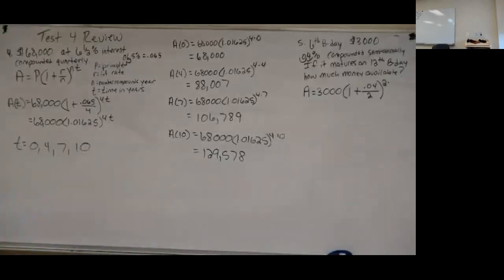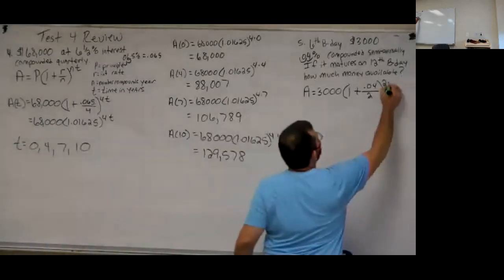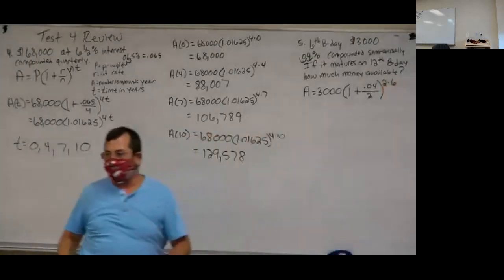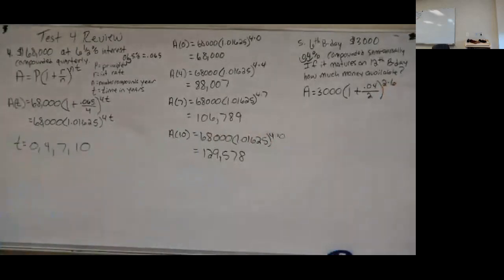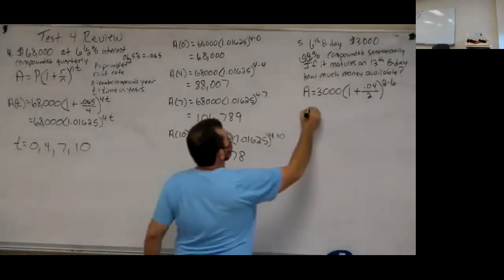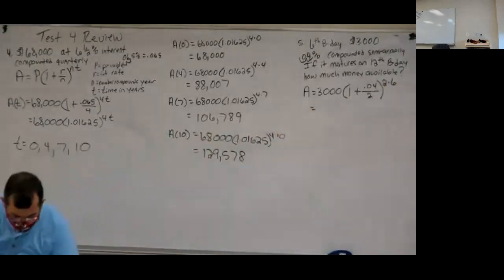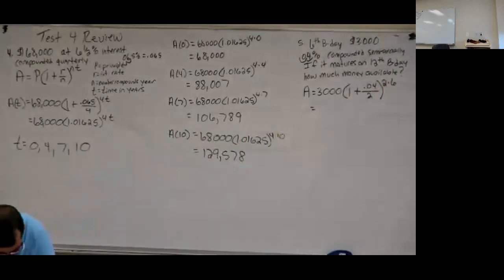So T, we have to figure out because we know she got it on her 6th birthday, and it matured on her 12th birthday. So that would be 6 years. So just figure out the years from when she got it to the maturity, which was 6. All right, let me see what they want me to round this one to. Round to the nearest cents, so 2 decimal places.